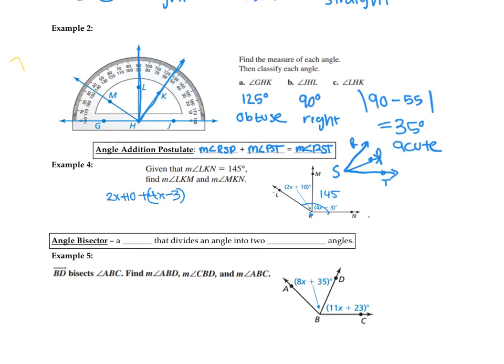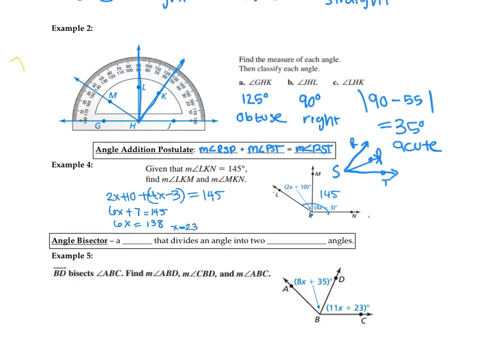You always want to keep it in parentheses just in case there's a minus sign and you need to distribute. That's all going to equal a total of, they told us, 145 degrees. The first thing I need to do is solve for x and then plug it in. I have 6x + 7 equals 145. I'm going to subtract the 7 on both sides. I get 6x equals 138. Then when I divide by 6 on both sides, I get that x equals 23.